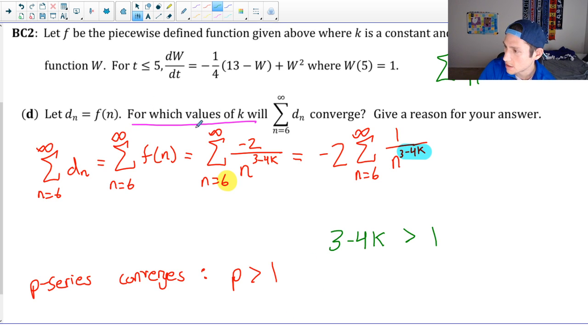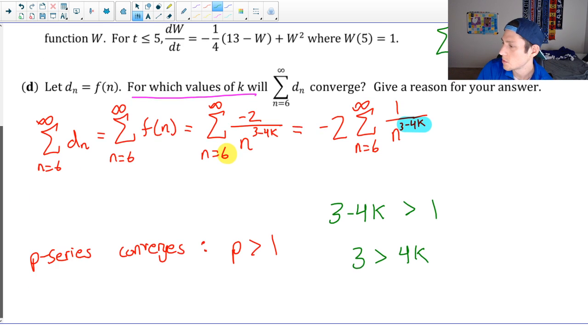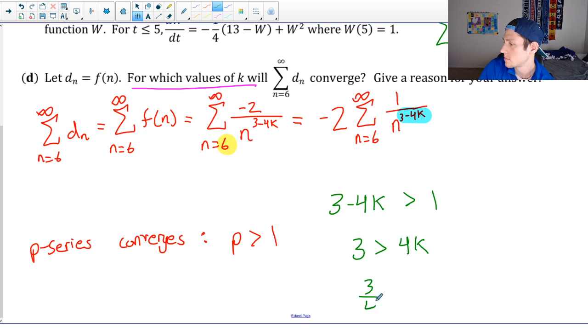Again, the question is asking for which values of k. So let me just solve this inequality. All right, so this would be 3 greater than 4k. So k just has to be less than 3/4.